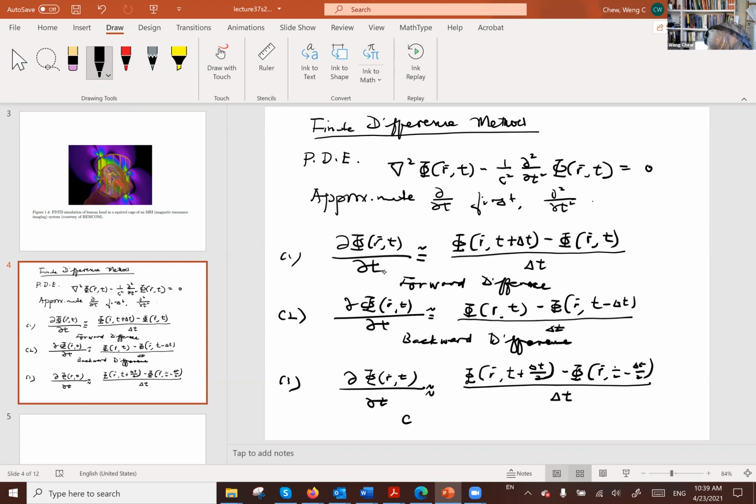This is called central or center differencing. Central differencing might be the better name for it. So there are three different ways of approximating a derivative.